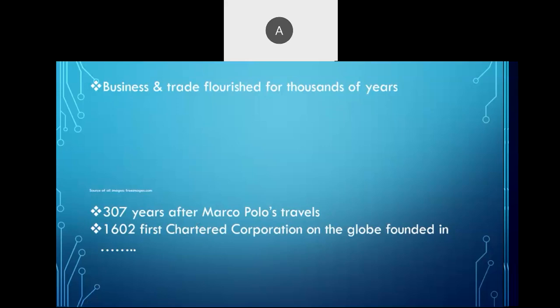Would anybody know which European country? I think it was Italy. No, you're close, but Italy was not the first country that had a chartered corporation. It was a company that had a charter and sold shares of its corporation in 1602.